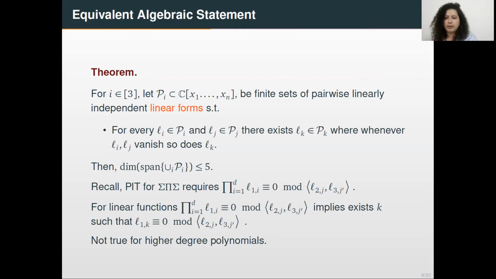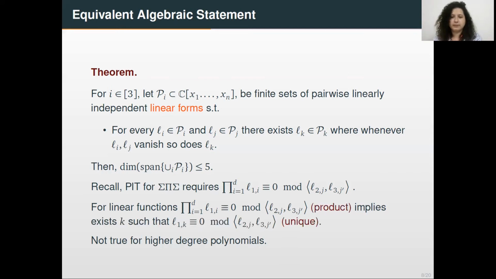So the product implies uniqueness. And this is not true for higher degree polynomials. So from now on, we have 2 polynomial Edelstein-Kelly conditions. We have the product condition, where a product of polynomials vanishes whenever 2 polynomials vanish. And we have the unique condition, where there is a unique polynomial that vanishes whenever two polynomials vanish.